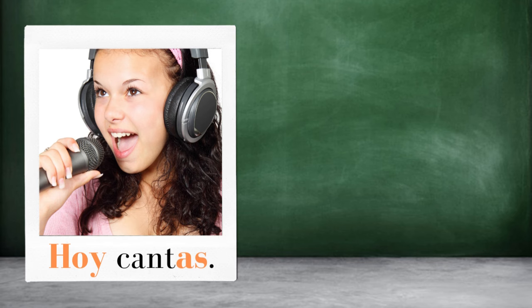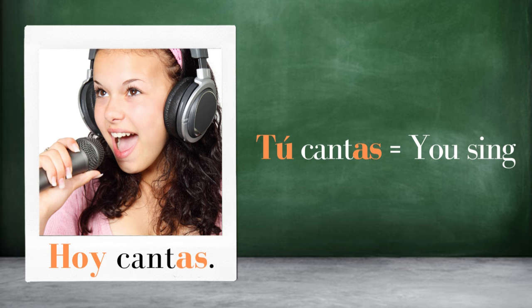Hoy cantas. Who is singing today? Tú cantas. You sing. We know this because the as ending goes with the subject pronoun tú, meaning you. So hoy cantas means today you sing.